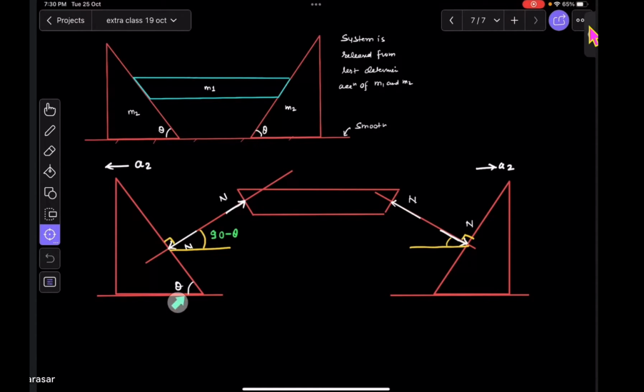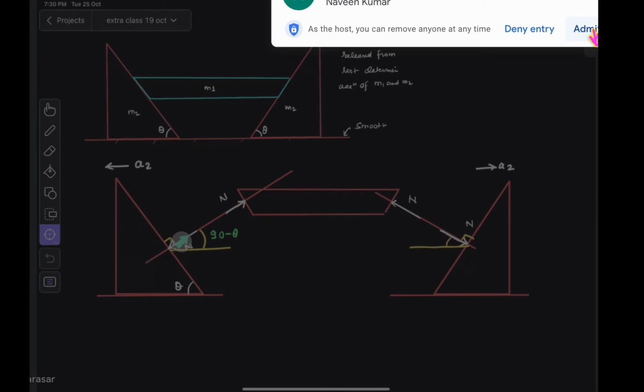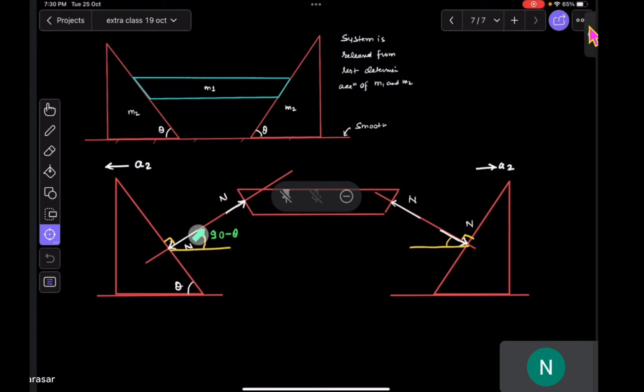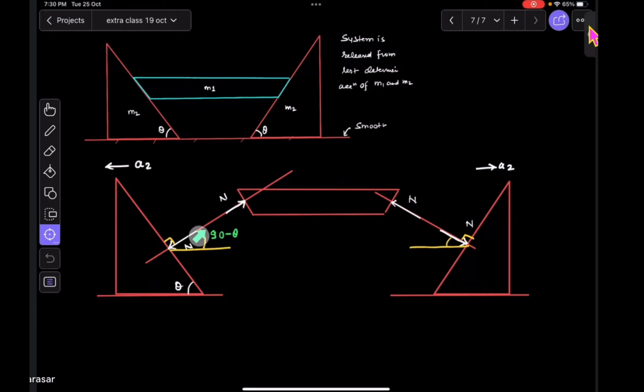So the angle between the inclined plane and horizontal is theta, so this common normal direction perpendicular to the inclined plane, and this horizontal, parallel to the horizontal here, the angle between these two must be 90 minus theta. And you can check that by the other ways that you do, that alternate opposite angle, this theta, so this will be 90 minus theta.